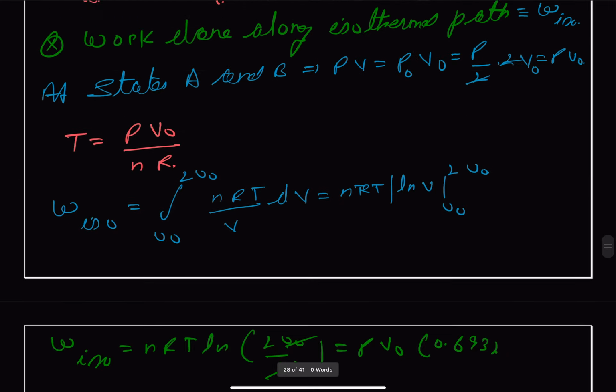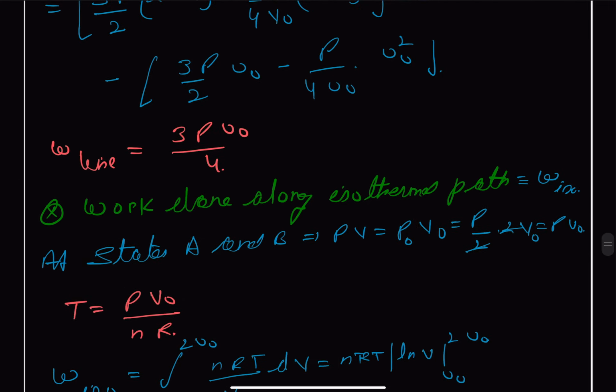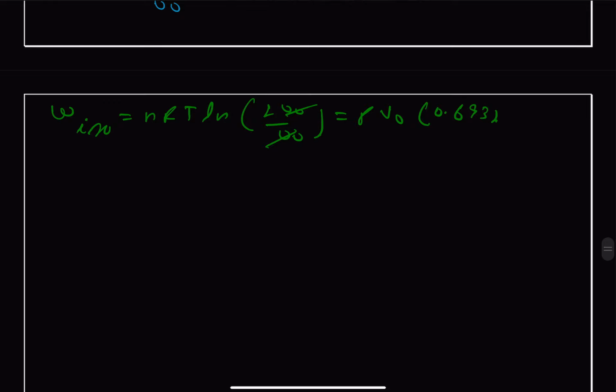So we make a comparison. Work done of the line will be equal to 0.75 P times V naught. Therefore, we can say that work done because of the line is greater than work done because of the isothermal.